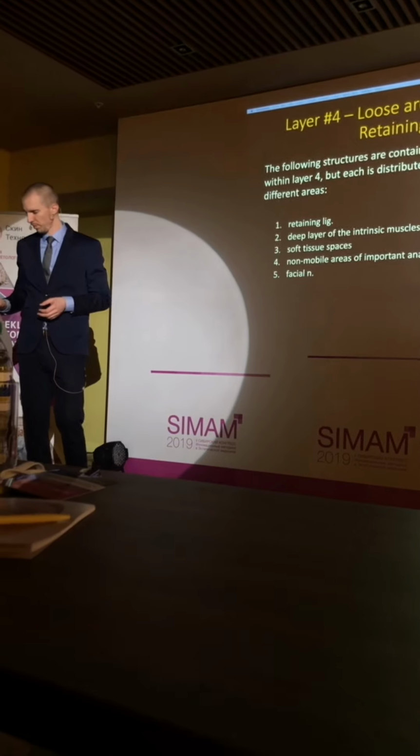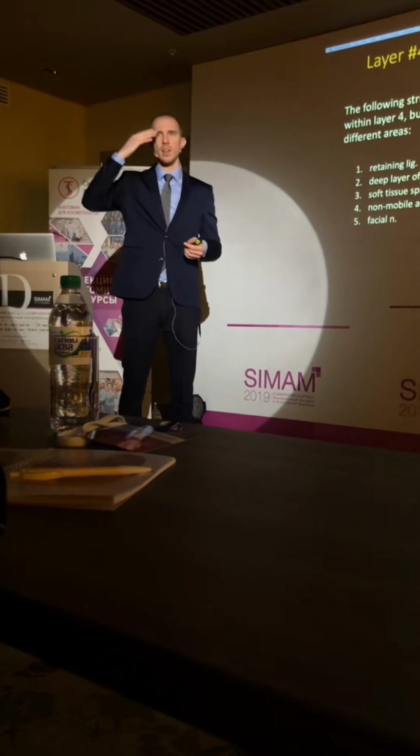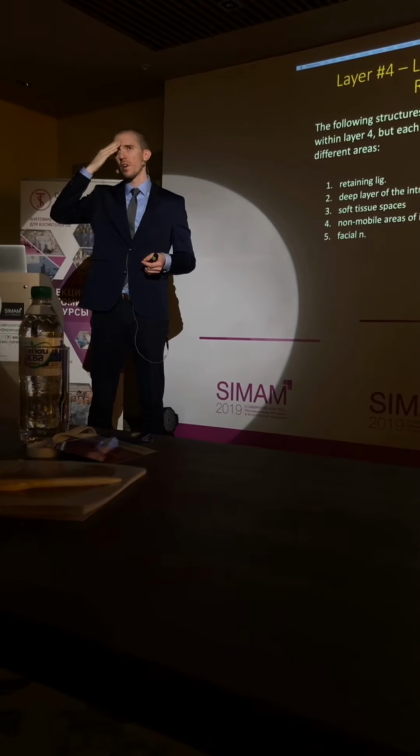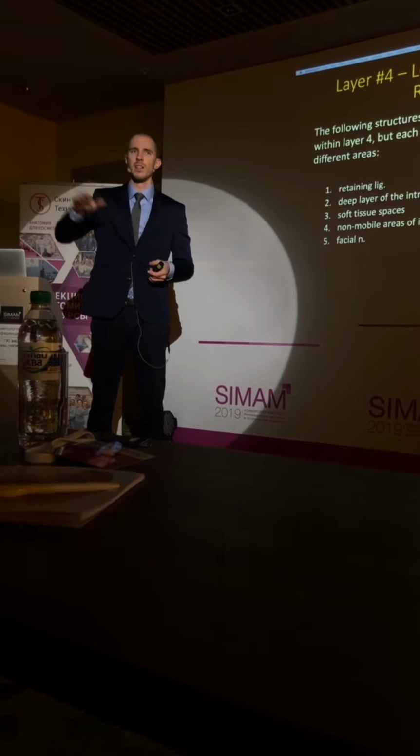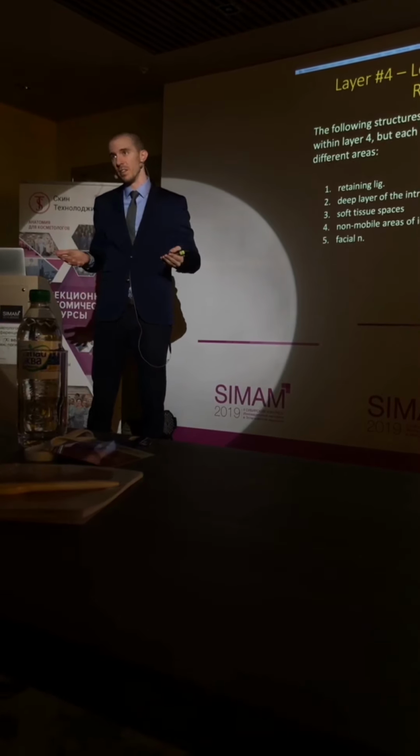Then I'd like to explain what these spaces are. Many times, as we have discussed, layer number 4 is a loose areolar layer, very easy to dissect bluntly, and in certain areas this is extremely easy.